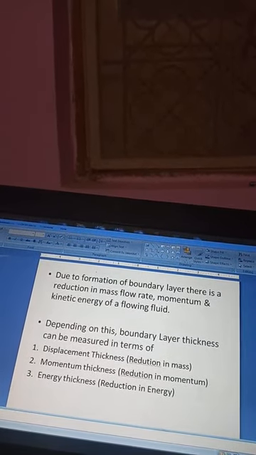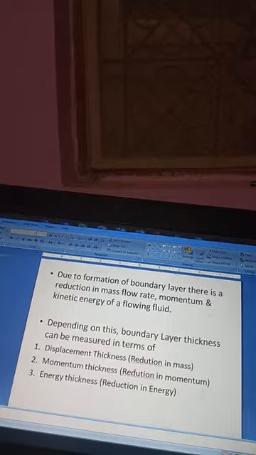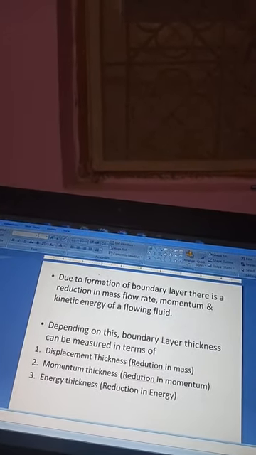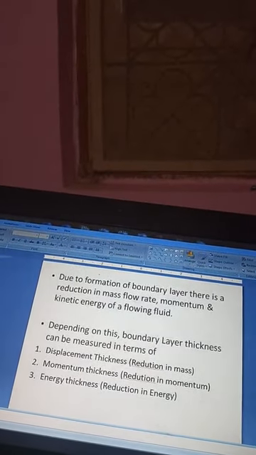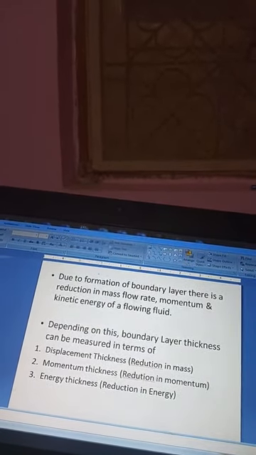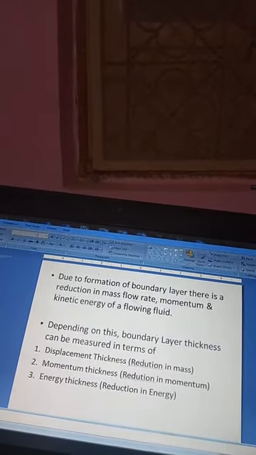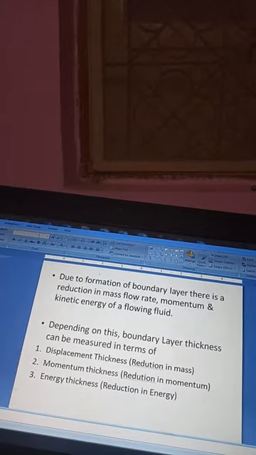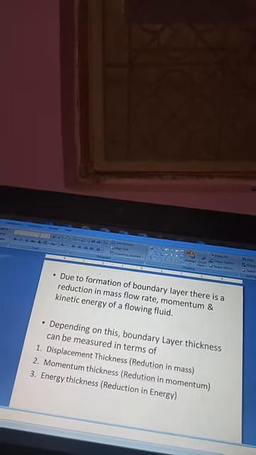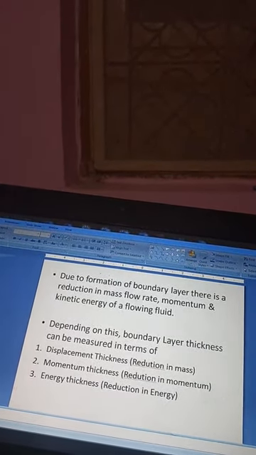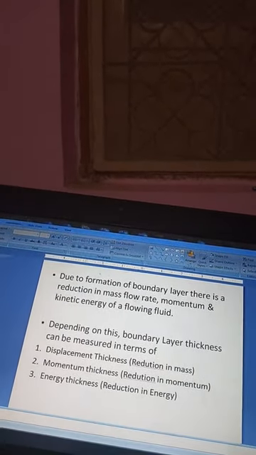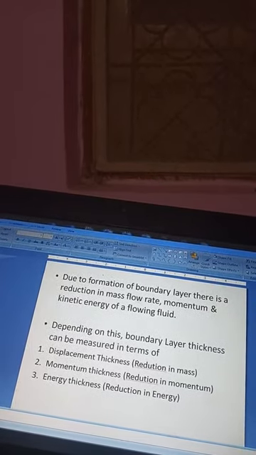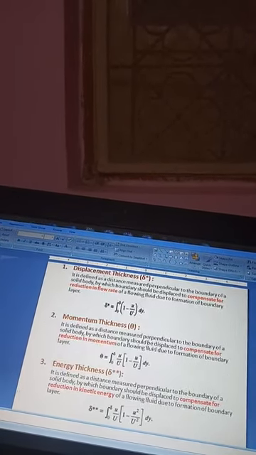If there is no boundary layer, then the mass, momentum and energy which you are going to get is maximum. But because of the boundary layer, there is a reduction in mass, momentum and energy, and whatever is the reduction is calculated in terms of some thickness: in terms of mass it is the displacement thickness, in terms of momentum it is the momentum thickness, and in case of energy it is called the energy thickness.